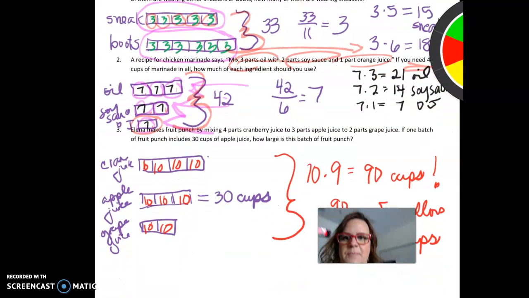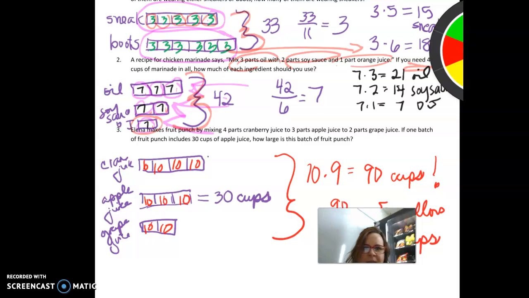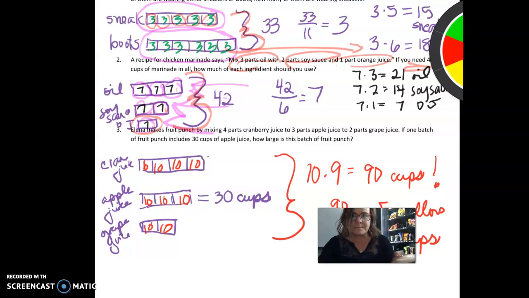Okay, and in this last problem, Elena mixes fruit punch by mixing 4 parts cranberry juice to 3 parts apple juice to 2 parts grape juice. And we know that if one batch of fruit juice includes 30 cups of apple juice, how large is the batch? So this is a great problem.